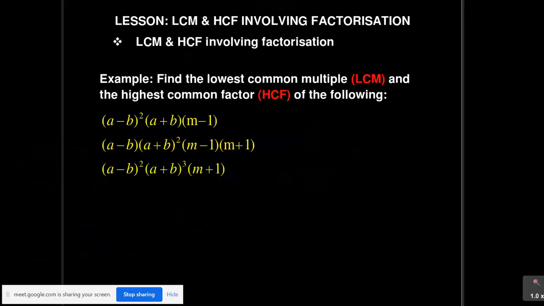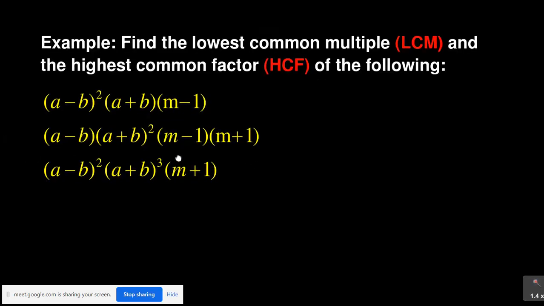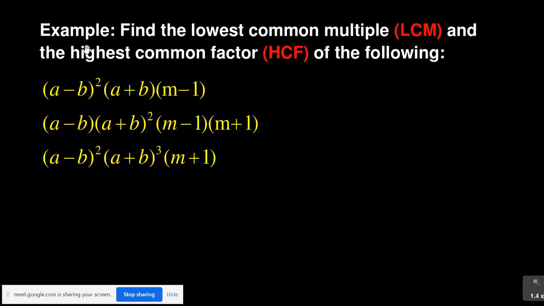Okay? Now, the next one, because the aim of this lesson, as I said, was LCM and highest common factor, where they give you marks. I'll show you some previous question papers. Now, let us look at this part. It says find the lowest common multiple and the highest common factor of the following.